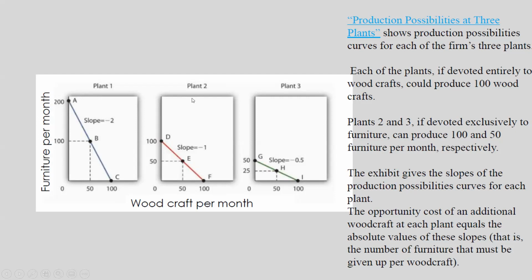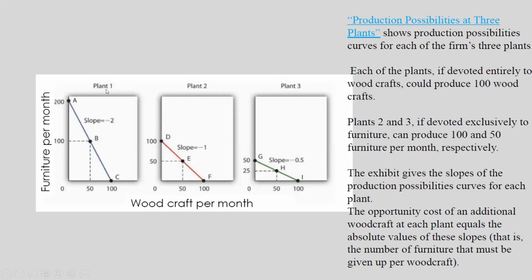Plant number 2 was intentionally built to produce both furniture and woodcraft with the same capacity. Therefore, it has the capacity of 100 woodcrafts per month if used only for woodcraft, and 100 furniture per month if used only for furniture.